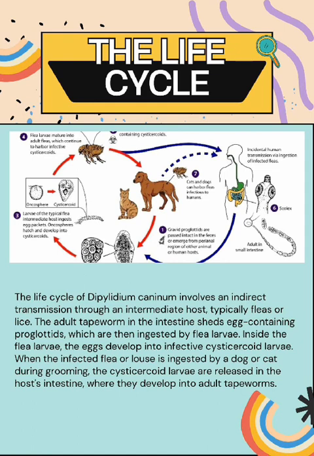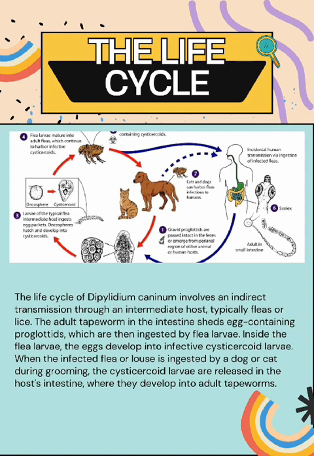Once inside the definitive host's intestines, the cysticercoid larvae develop into adult tapeworms. These tapeworms attach themselves to the intestinal wall using hooks and suckers, where they mature and start producing eggs.